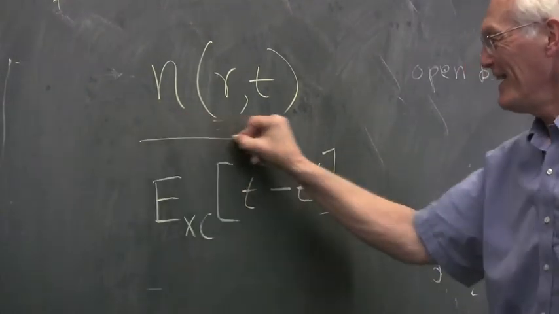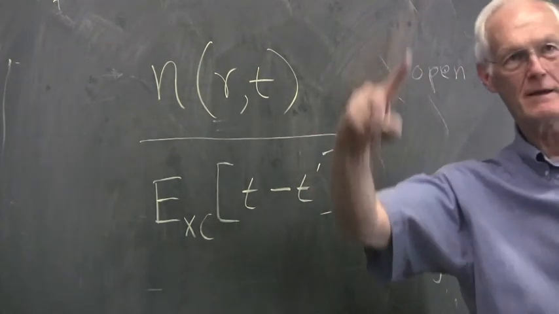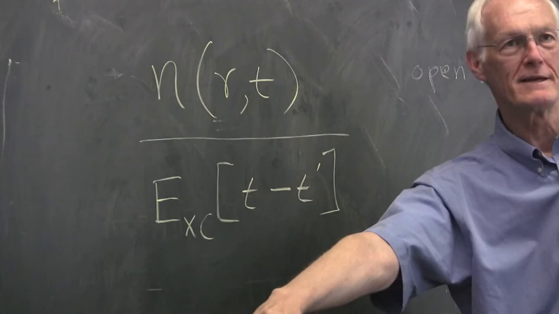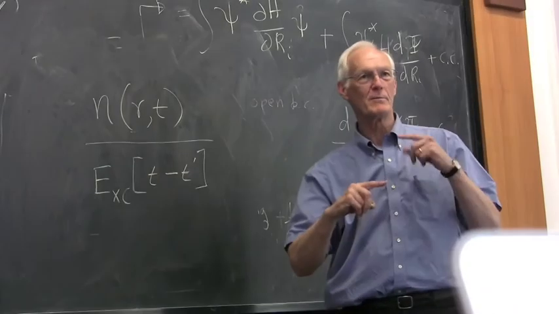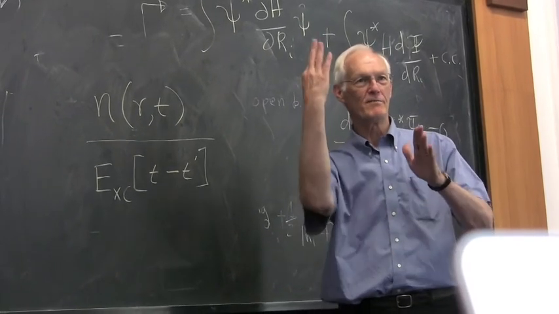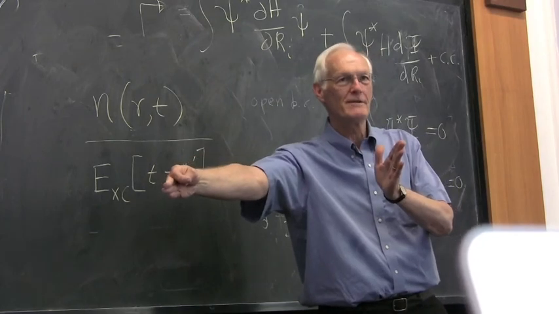But here would be like you take a molecule and you impose some time dependence on it, and that's what the calculation for carbon-60 was. We just said at time zero we do something, and then we see what happens later.